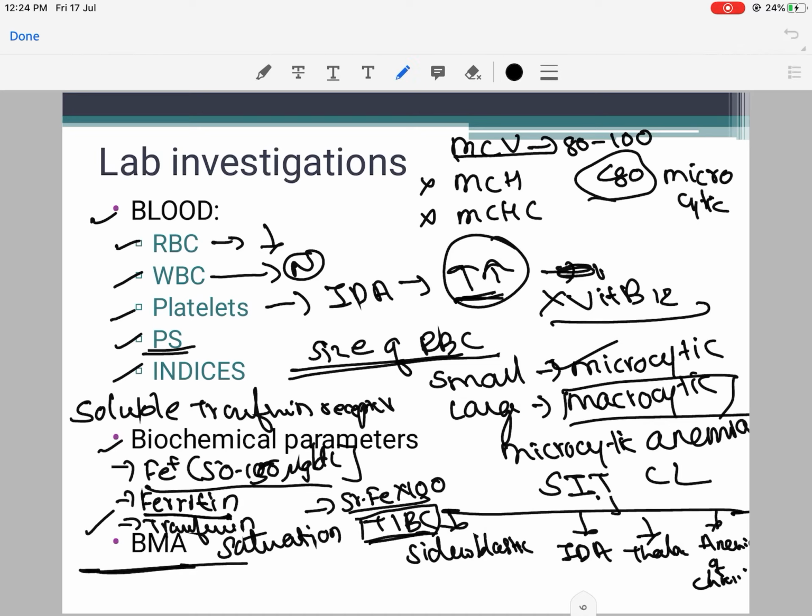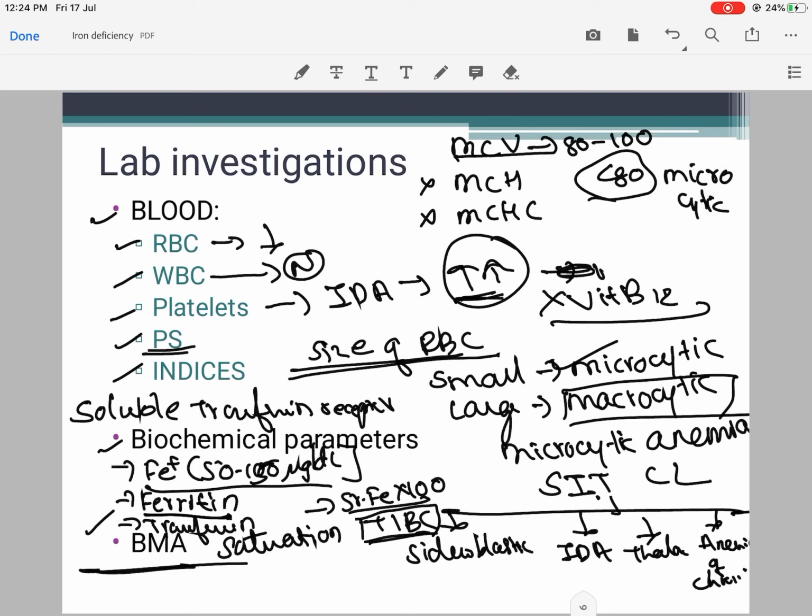So a patient comes with pallor. What you do is a routine blood test. On blood routine, you find hemoglobin is less, platelets are increased, so you suspect iron deficiency anemia. So the next thing you do is a complete hemogram. Now when you do a complete hemogram, you find there is microcytosis, MCV is reduced. So the diagnosis goes more in favor of iron deficiency now.